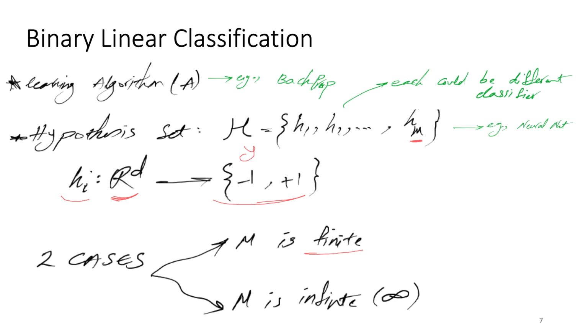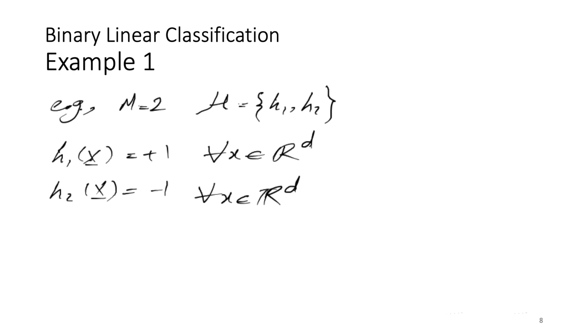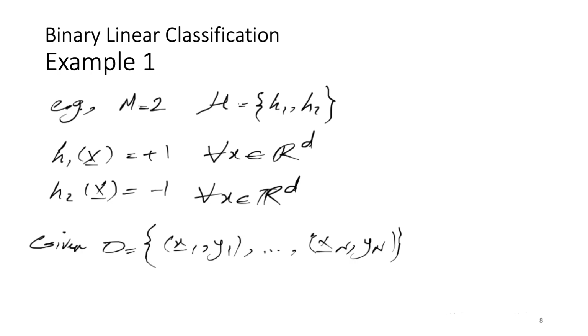All right, in the case of binary linear classification, as an example, you have M equals 2, thus you have h1 and h2. Your hypothesis set contains two classifiers in this case. h1 is +1, h2 is -1, right?